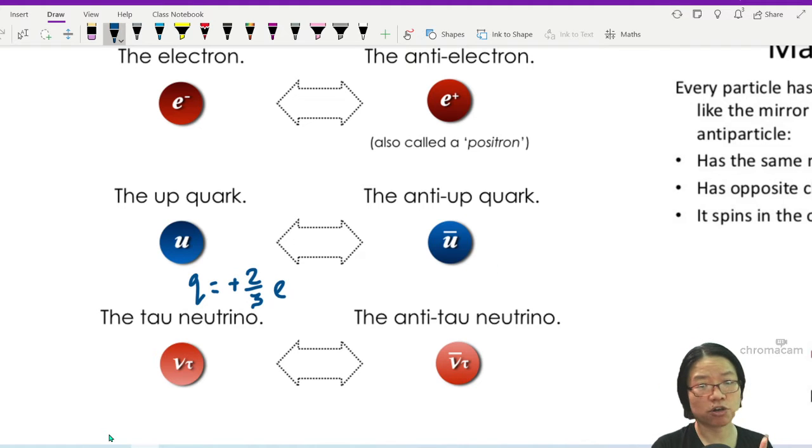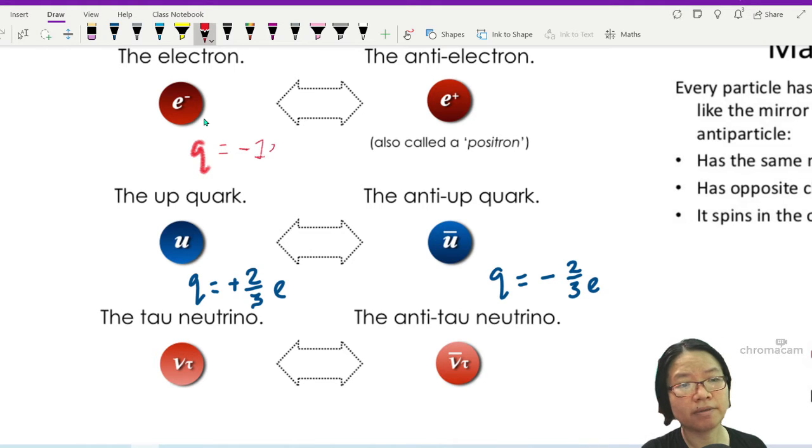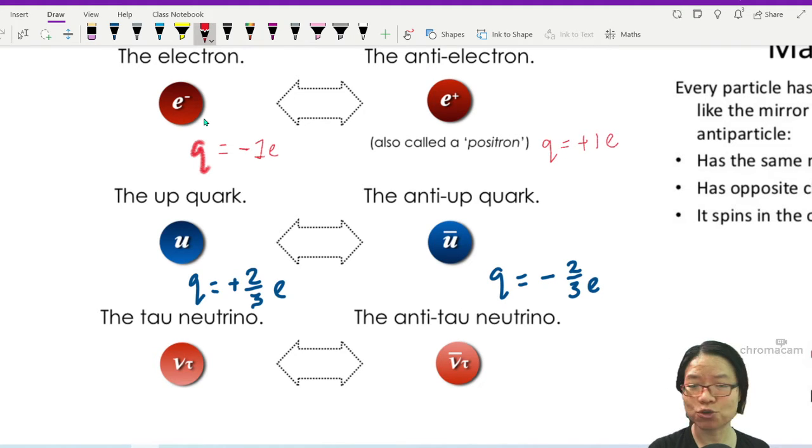That means the charge of the anti-up quark will be negative 2/3 the electronic charge. Just like the charge of the electron is negative 1e, the charge of the anti-electron will be positive 1e. And so on and so forth.